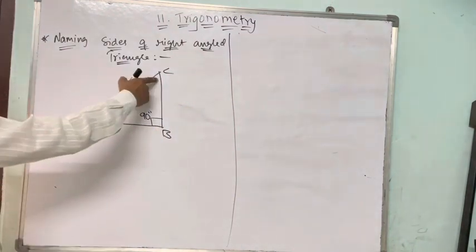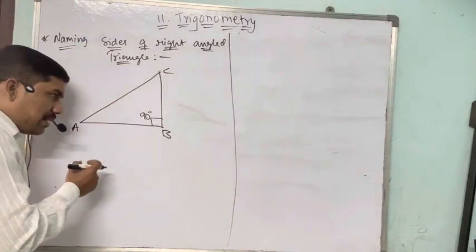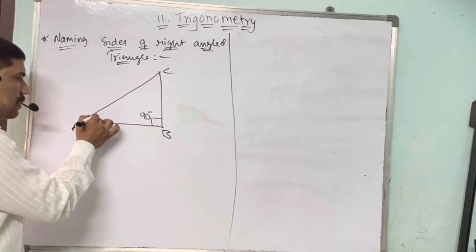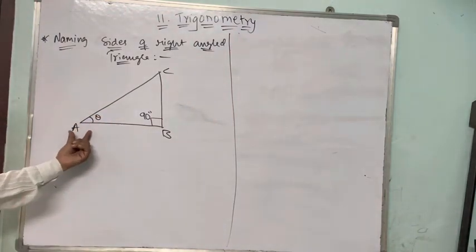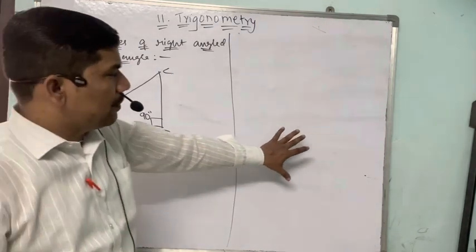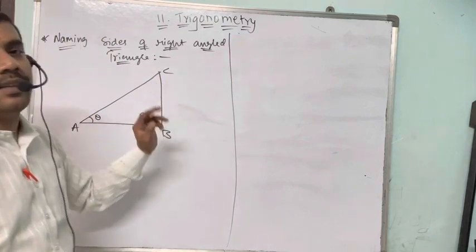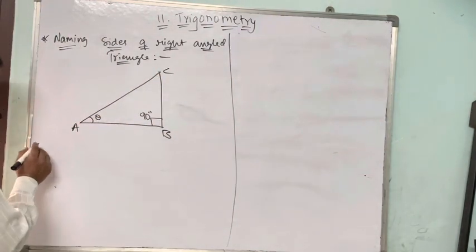Now at any one point you have to consider theta to name the sides. Here I will name the sides by considering theta on this angle, angle C. Right, now we'll see with theta on angle A.